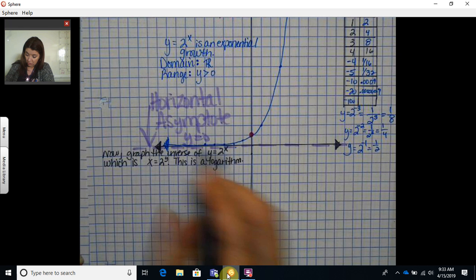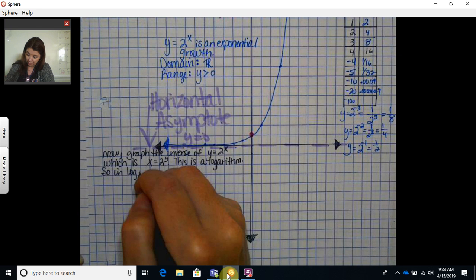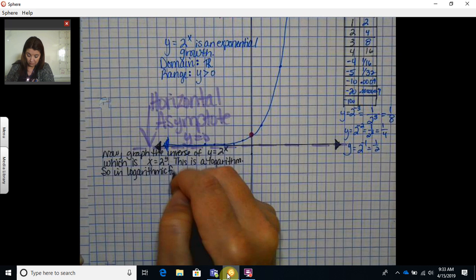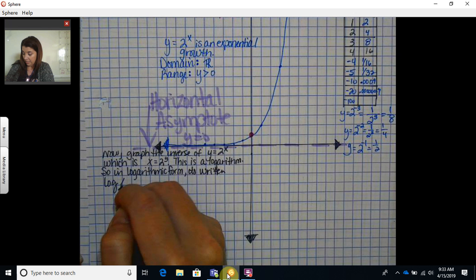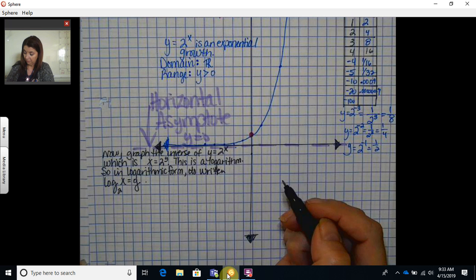So in logarithmic form, it's written log base 2 of x equals y. I'm going to make another table of values.